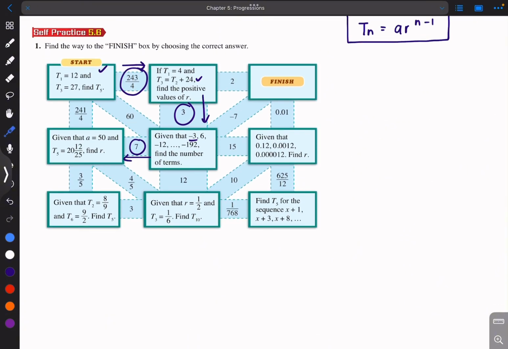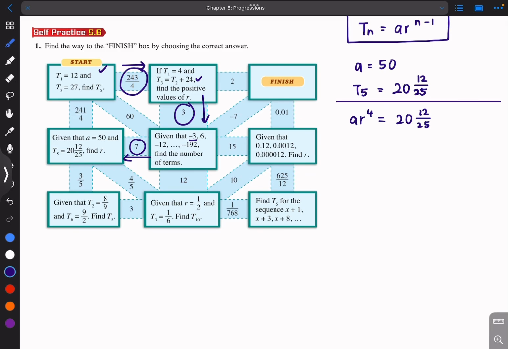Then in this box, A is 50, T5 is 20, 12 over 25. Find R. T5 would be AR to the power of 5 minus 1, which is AR4. So AR4 is 20, 12 over 25.